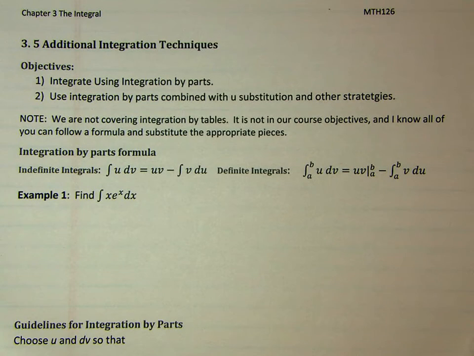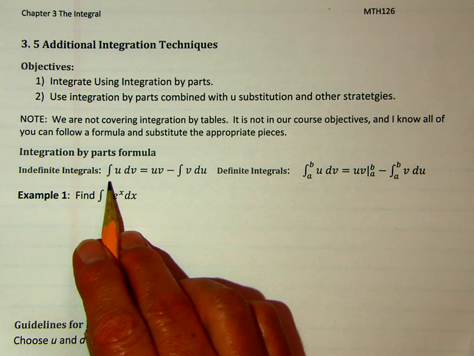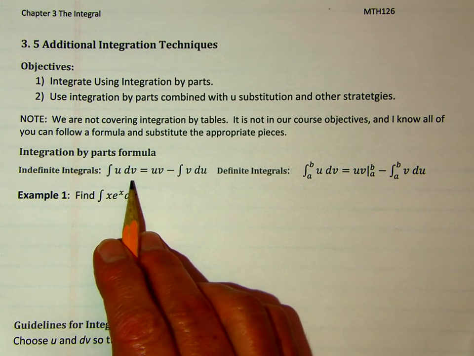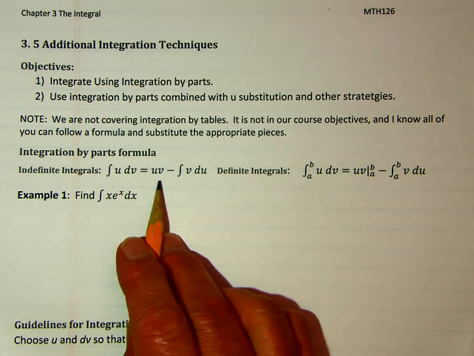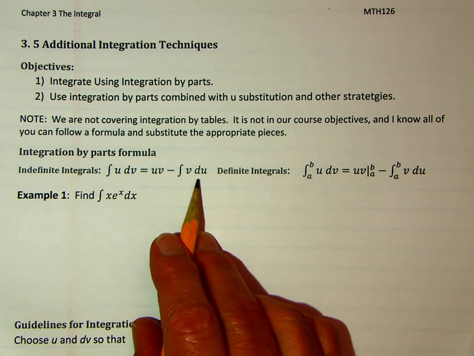It's not in our course objectives, and I know all of you can follow a formula and substitute the appropriate pieces. Integration by parts formula. For indefinite integrals, the integral of u dv equals uv minus the integral of v du.